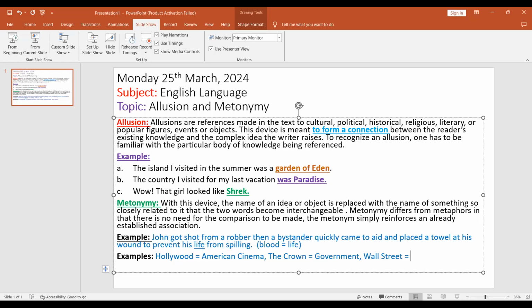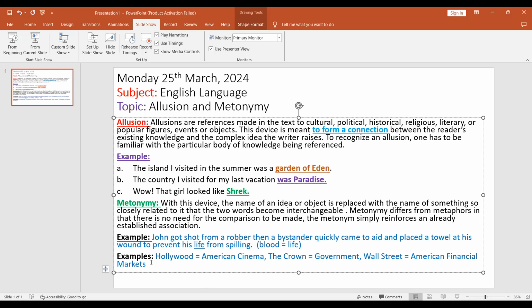What does that refer to? Stock exchange. Wall Street basically represents financial markets, in particular American financial markets. So just by saying Wall Street, I am talking about financial markets as a whole, American financial markets to be exact.